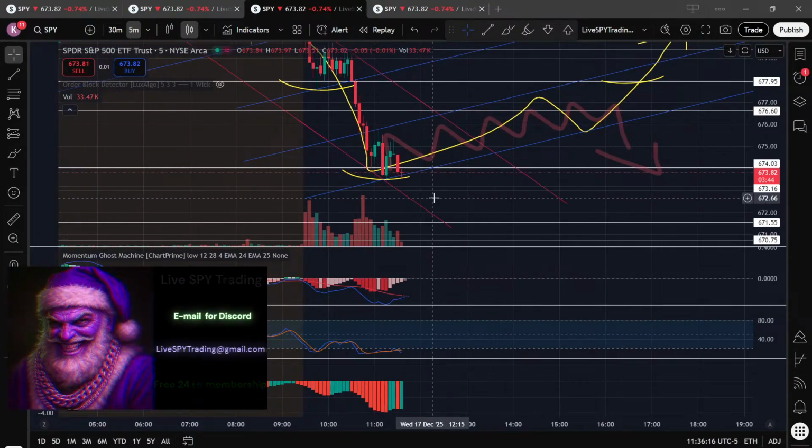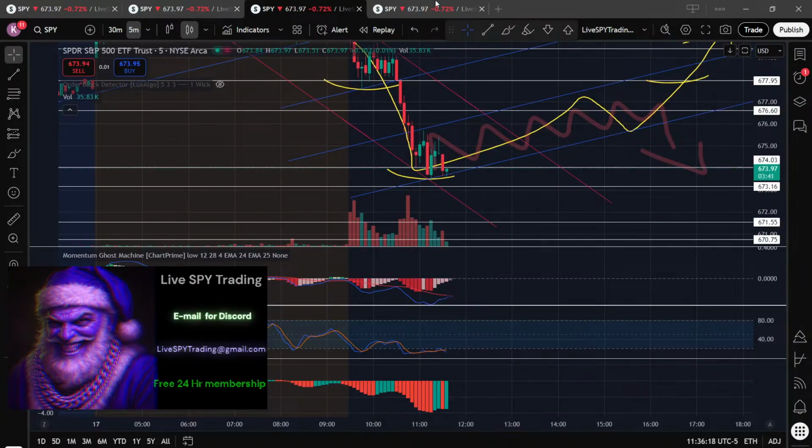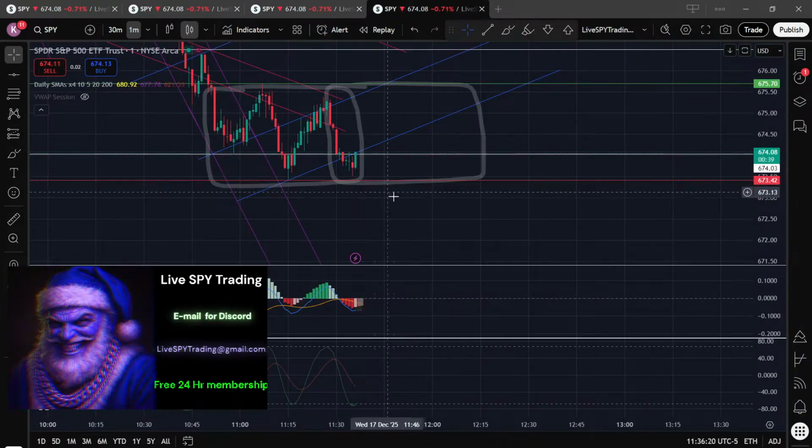I think this is going to line up. If we break blue here and red, I think that's going to line up.